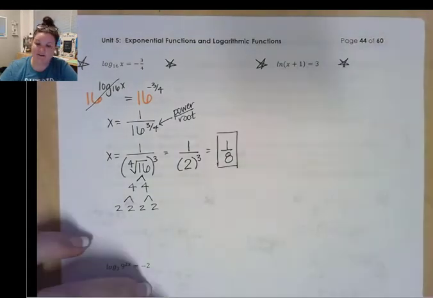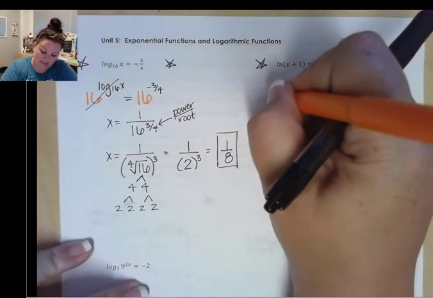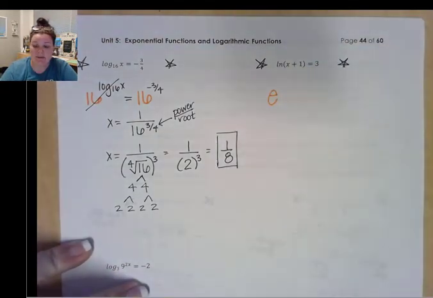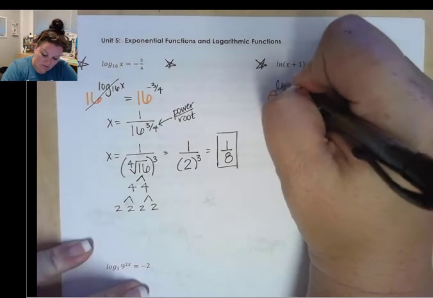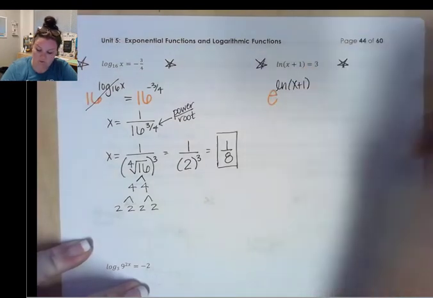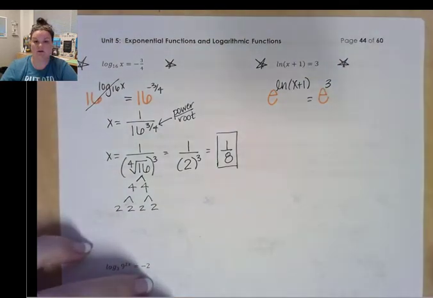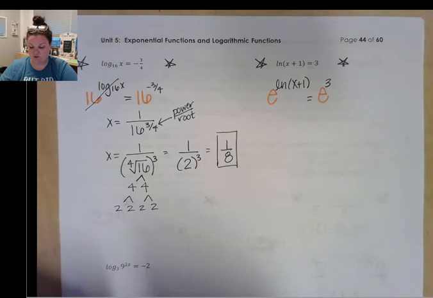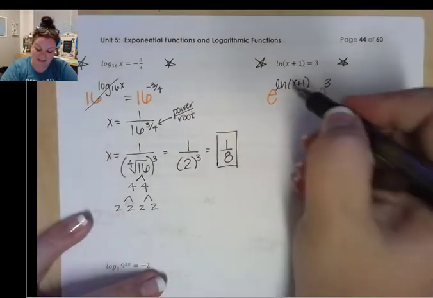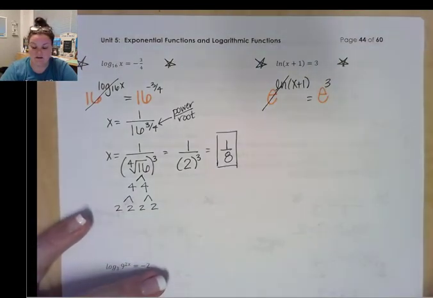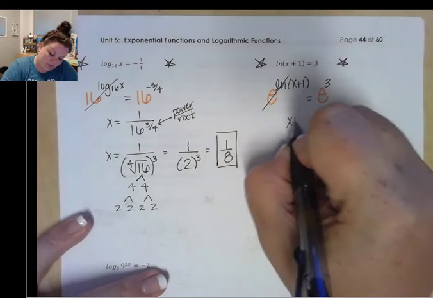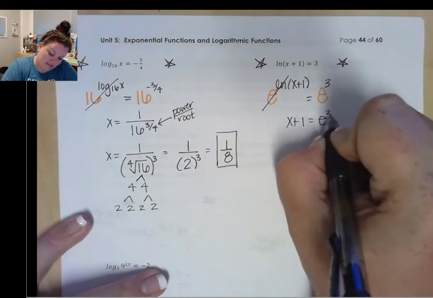So to get rid of an ln, I'm going to put in an exponential base e. So e raised to the ln of x plus 1 is equal to e raised to the third power. So I'm putting in that exponential base so that I can cancel my e and my ln. So that leaves me with x plus 1 is equal to e cubed.